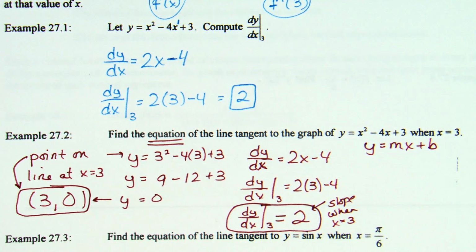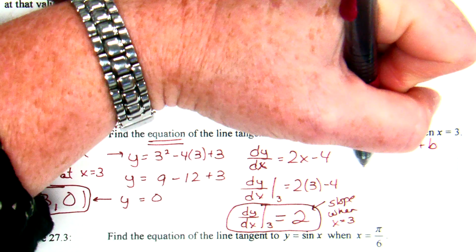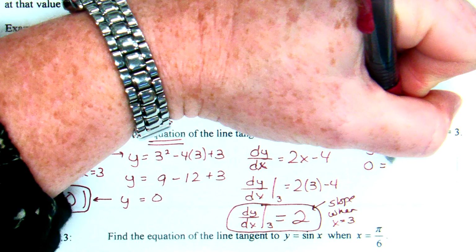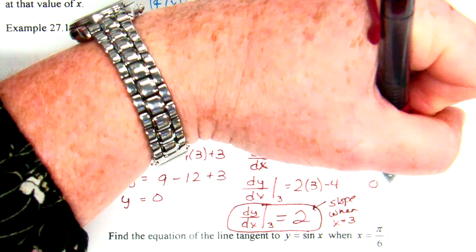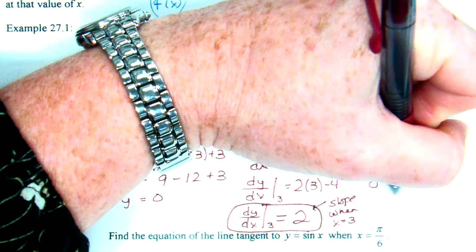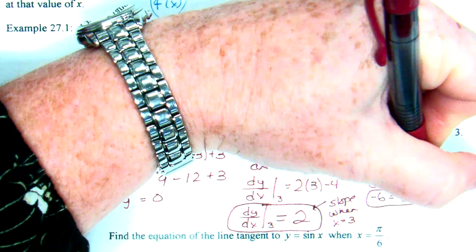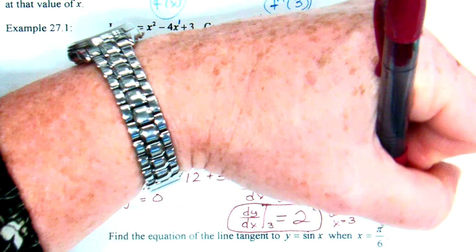If I plug in, 0 equals m, which is 2, times 3 plus b. So 0 equals 6 plus b, and b is negative 6. So what's my equation? y equals 2x minus 6.